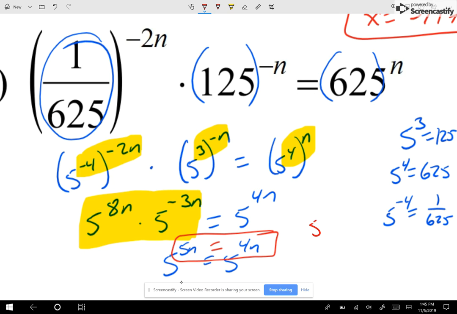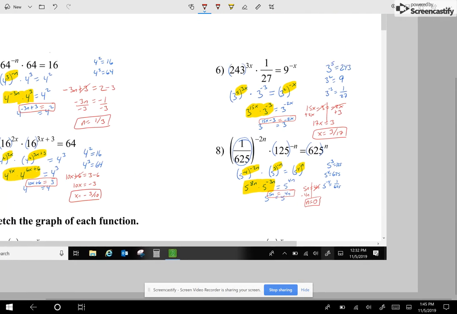So I have that 5n equals 4n. Let me subtract 4n on each side. So I have 5n minus 4n gives me 1n. On the right side, I have nothing, so that's a 0. So there you go. N is equal to 0. That's a quick look of what we saw today.